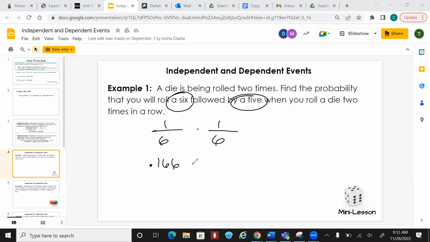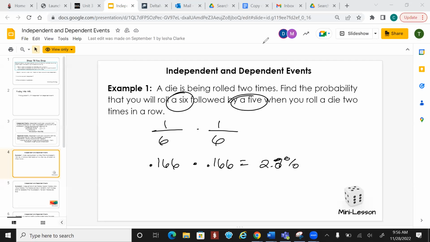So if I took 0.167 and multiplied it times 0.167, that's going to give me about 2.7 or 2.8%, depending on how you want to look at it. Sorry, y'all, I was answering the wrong questions.